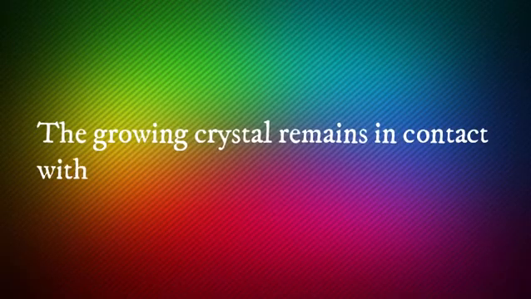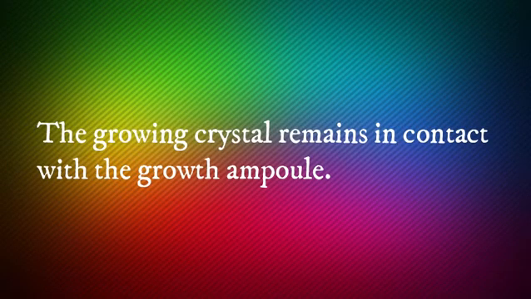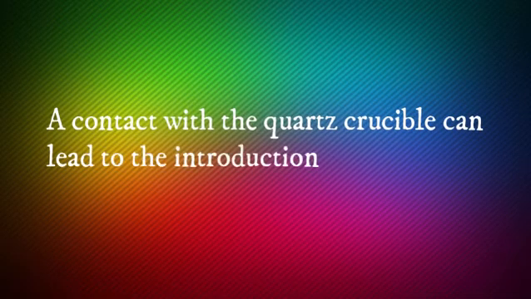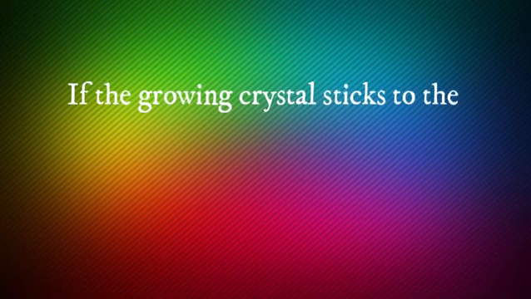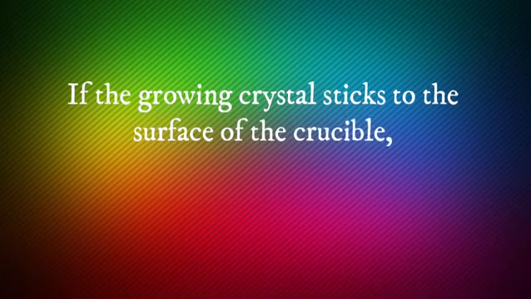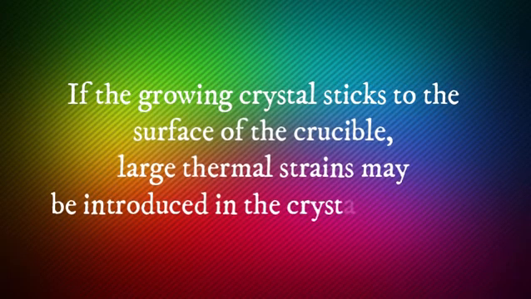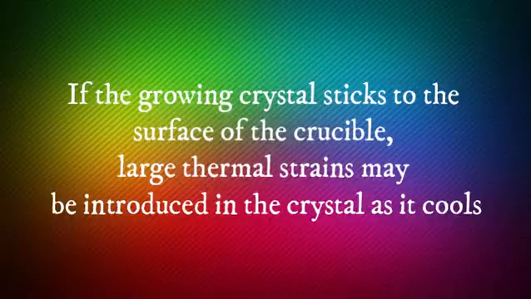The primary disadvantage of the Bridgman method is that the growing crystal remains in contact with the growth ampoule. Contact with the quartz crucible can lead to the formation of impurities, and if the growing crystal sticks to the surface of the crucible, large thermal strains may be introduced in the crystal as it cools.